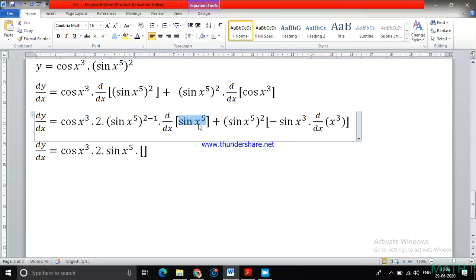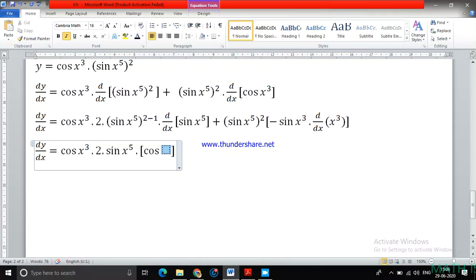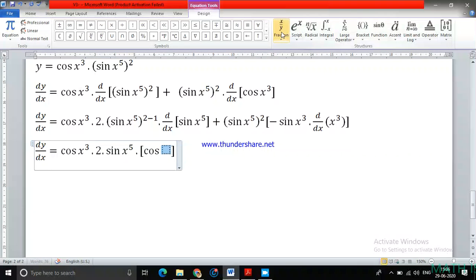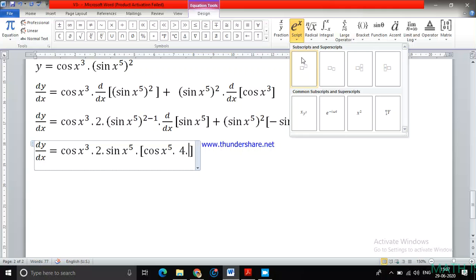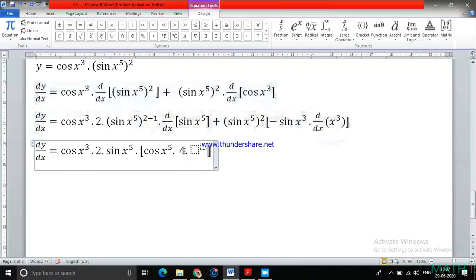Derivative of sin theta is cos theta, so here it will become cos x power 5 into, again derivative of x power 5. Derivative of x power 5 is 5 times x to the power 4.